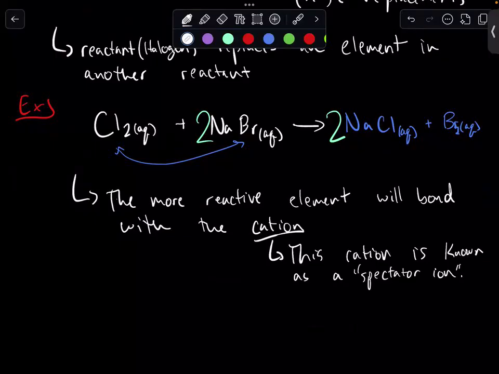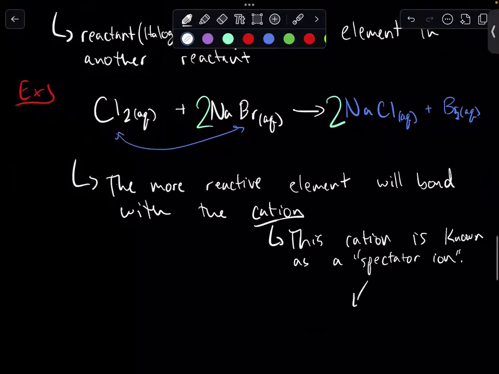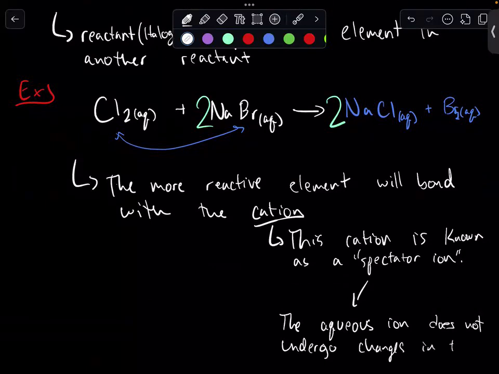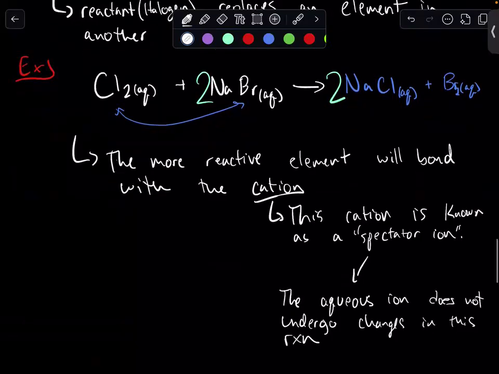What that basically means is that the aqueous ion, and it only really happens in aqueous reactions, does not undergo changes in this reaction. So as a spectator ion, it's not going to make any changes. It just spectates. It kind of watches the chlorine come in and sweep away the bromine.